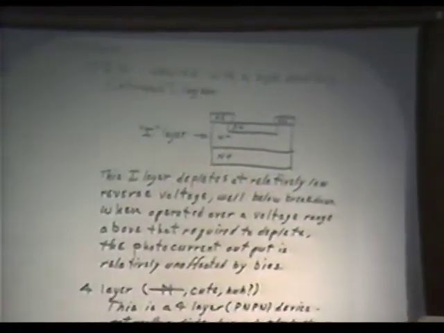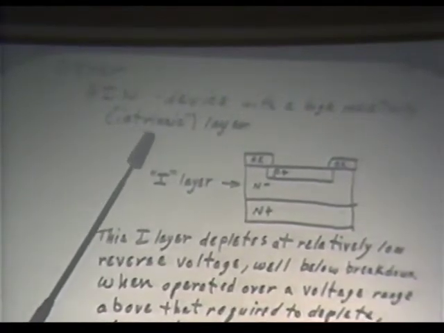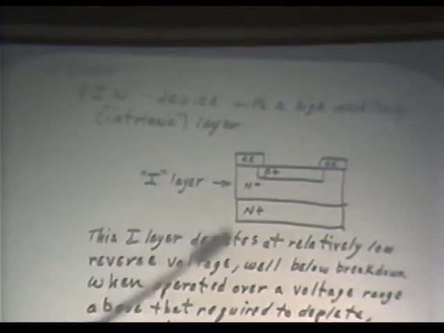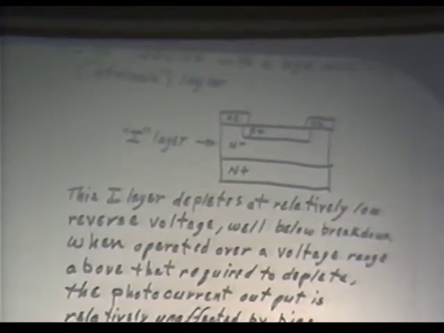The pin that I'm fooling around with has sure enough an I layer, but in fact it's N, not I. It's not much N, but it's N. And I think that's a reasonably complete explanation. They deplete at a fairly low voltage.